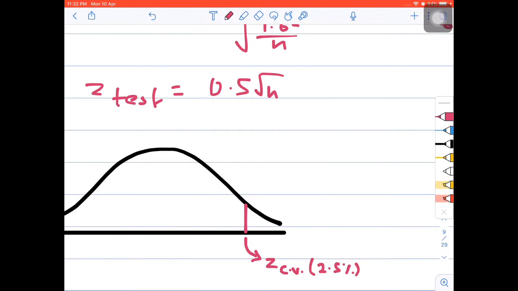So what this means is that this area is 2.5% or 0.025. Then there is another one. Let's say this is the critical value of z at 5%. So this means that this region is 5%, that is 0.05.